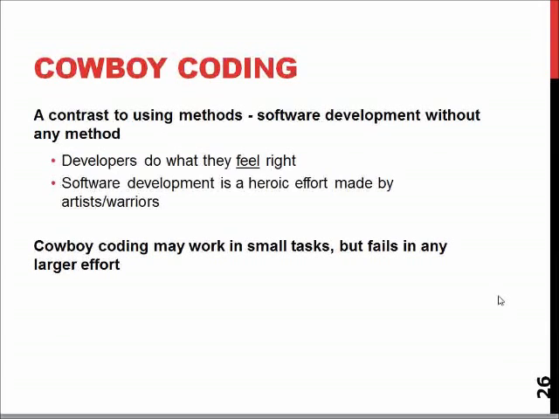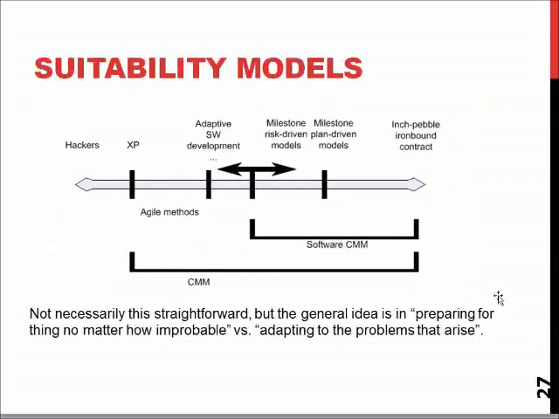So, instead of cowboy coding, I'd like to say a few words about the suitability of the models. Of course, this is also a gross simplification. The idea is that the agile models are more suitable in reactive development, or adapting to the problems that arise, instead of being prepared for everything based on risk management.